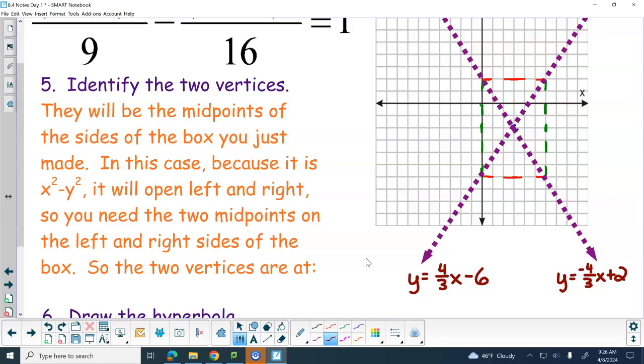So since this was an x squared minus a y squared, that means that the vertices are going to be at the midpoints of the vertical sides of the box. So my first vertex is going to be at 0, negative 2. My second vertex is going to be at 6, negative 2.